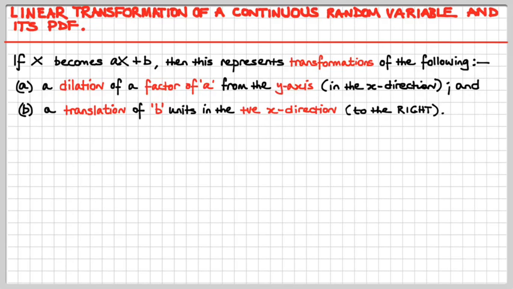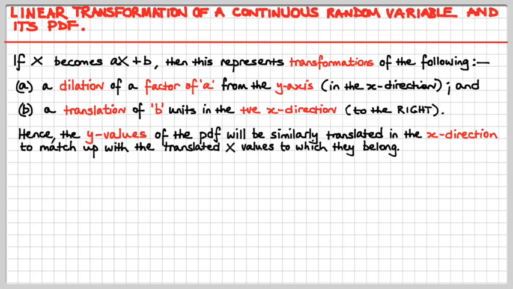Okay, now that's what we're doing to x here, right? That's what this does to x, yes? Now, we also know that if you've got a probability density function, if you go morphing all the x values over to ax plus b, then the poor old y values that belonged to those original x values on the PDF will similarly have to be tootling over to the right so that they basically match up with the original x values which they belong to before the x values got translated.